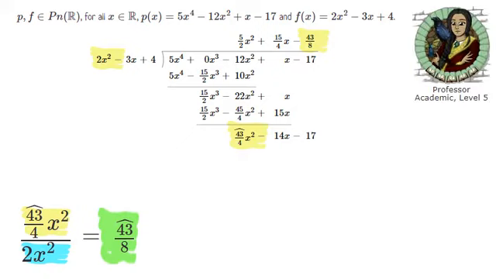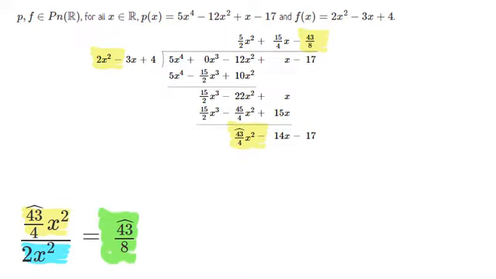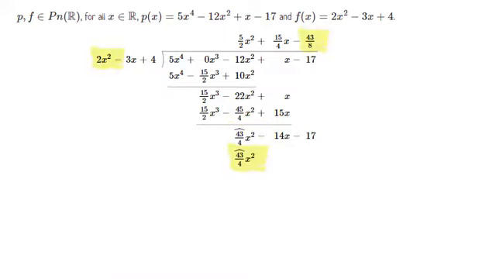Multiply this new term by each of the terms in the divisor. Now the subtraction.